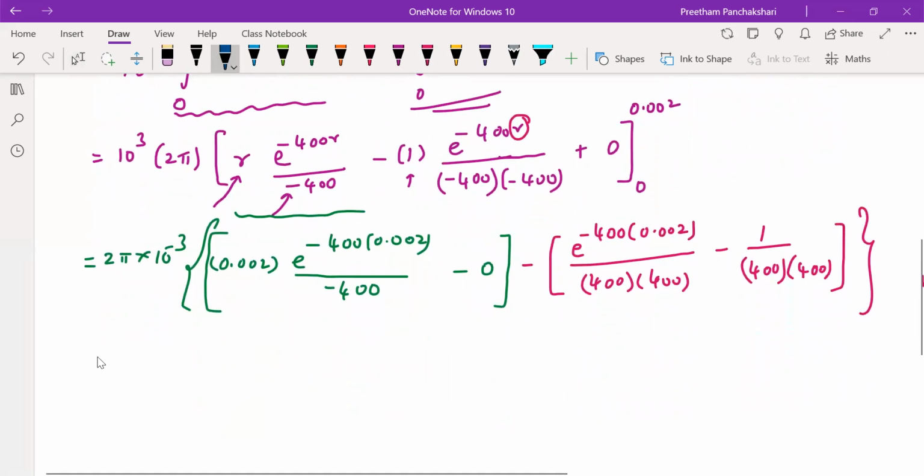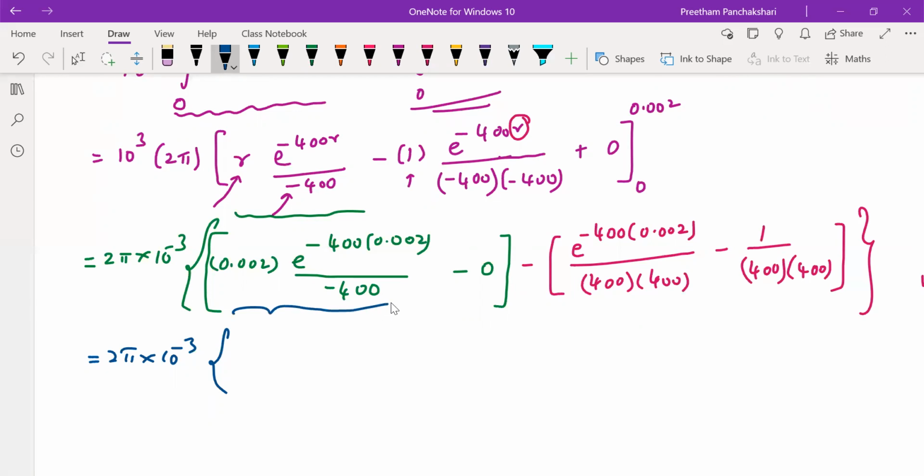Next is simplification. Here we can use a calculator and work out this value. This complete term gives us 2.25 into 10 power minus 6. Similarly, we work out this, which will be 2.81 into 10 power minus 6.